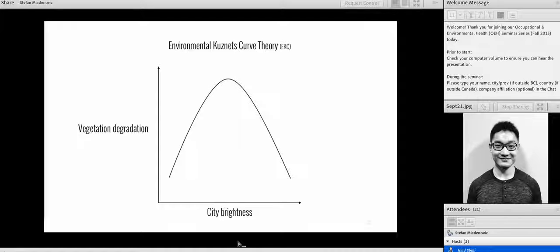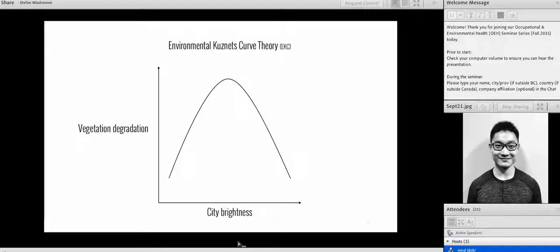I was trying to use remote sensing as a tool to measure those two variables. We have the economy represented by the brightness of the city, and we also have vegetation as an indicator of the environment. My assumption was the greener the city, the better environment it has.